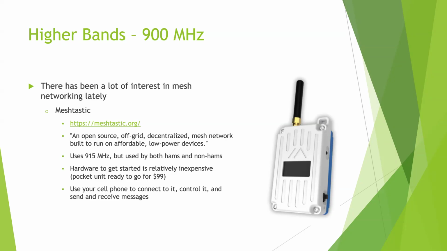So I'm going to play around with it when I get it and try to figure out what I can do with it. But yeah, you use your cell phone to connect to it, control it, and send and receive text messages. So it's kind of a cool little gadget, kind of fun to play with. And it seems to work fairly readily. So we'll see how that network builds out and how many people start using it.